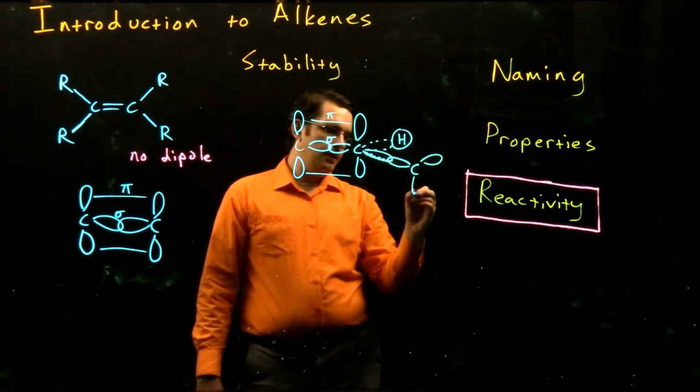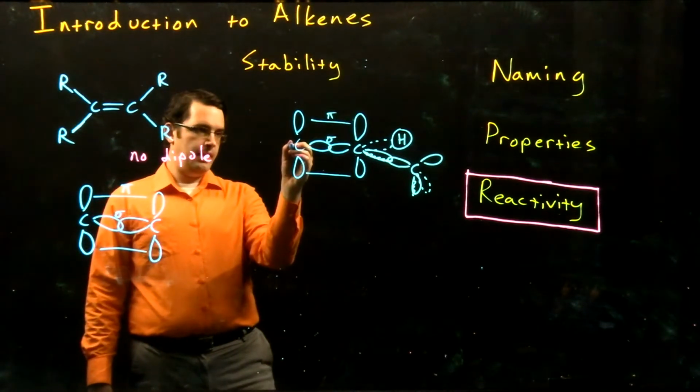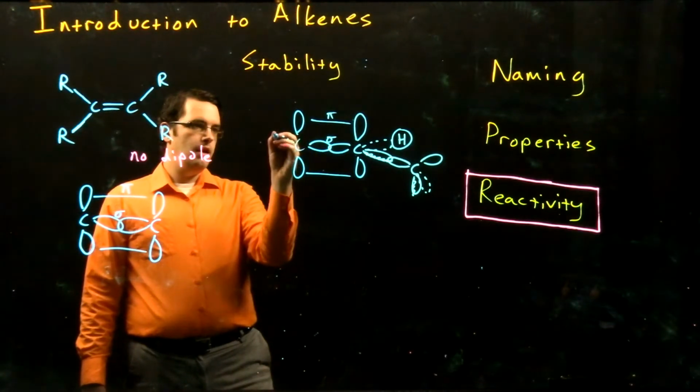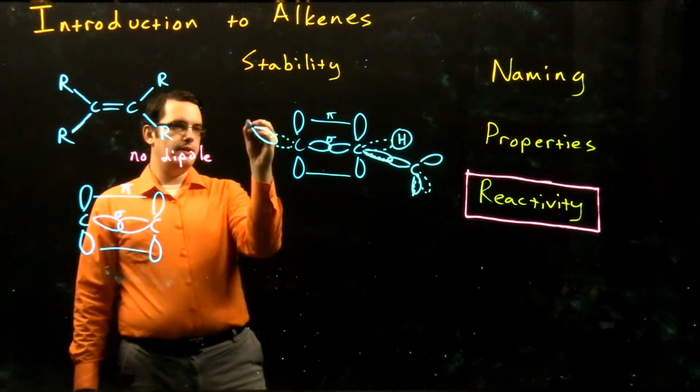So I've got my carbon. This is going to be an sp3 hybridized carbon over here. On the other side, again, I'll have a bond going back, and I'll have a carbon attached over here.